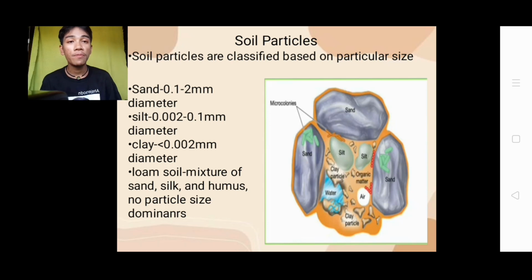So the sand, the silt, and the clay have particular sizes, okay? But the loam soil has none, because it is the mixture of the three: sand, silt, and humus. That's why it has no particular size.